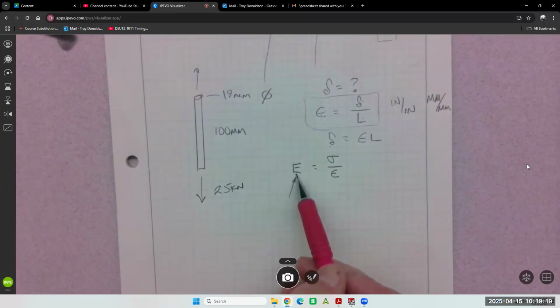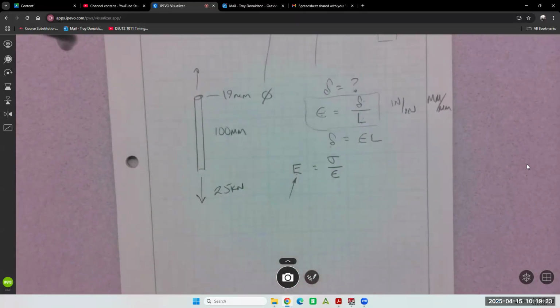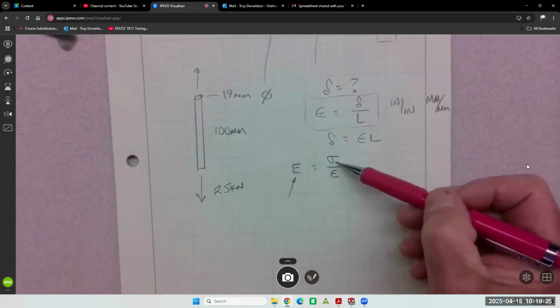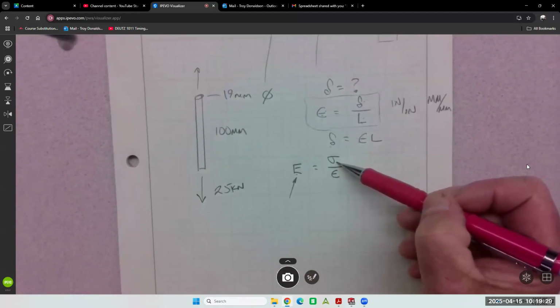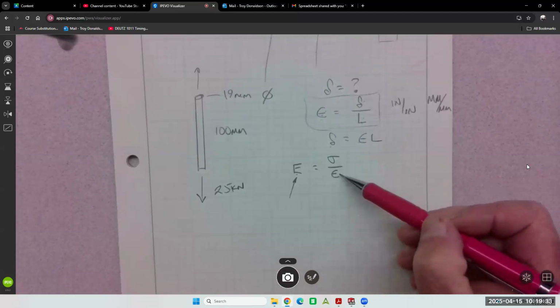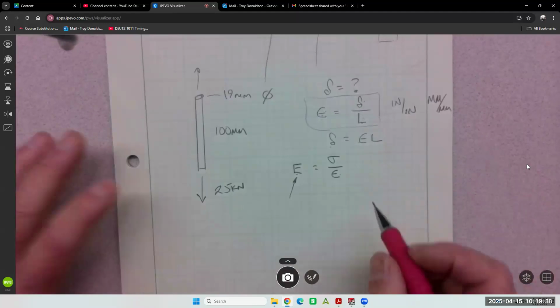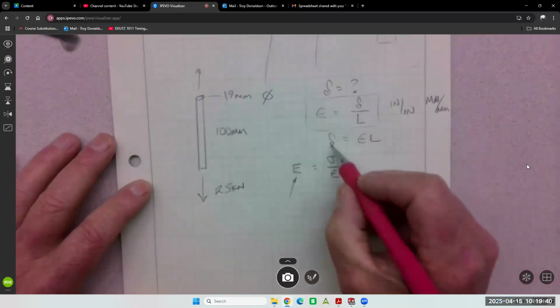Yes. It's different for all materials. It's a material property. What's this? Stress. That's P over A, right? That's something we can calculate. And then this is elongation or strain, right? So remember, if we could get this, we can get that.